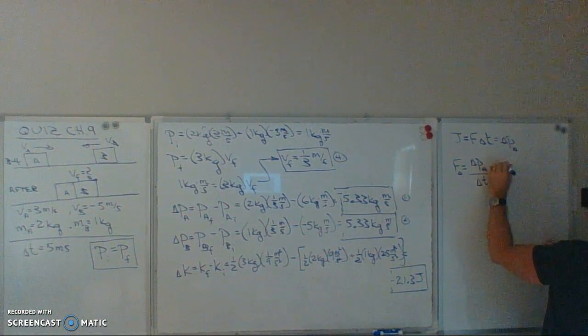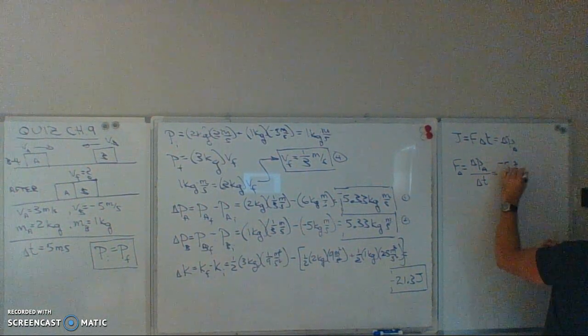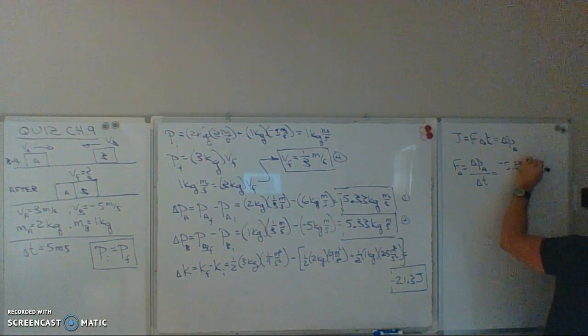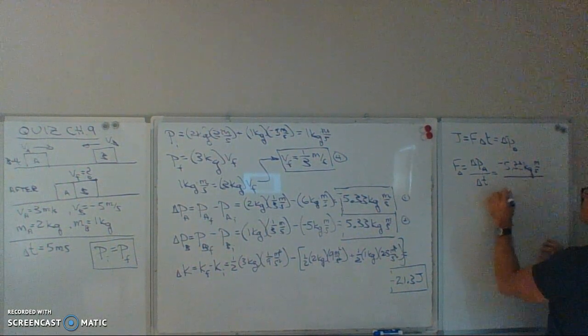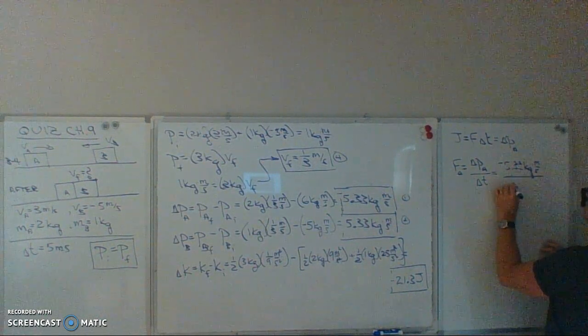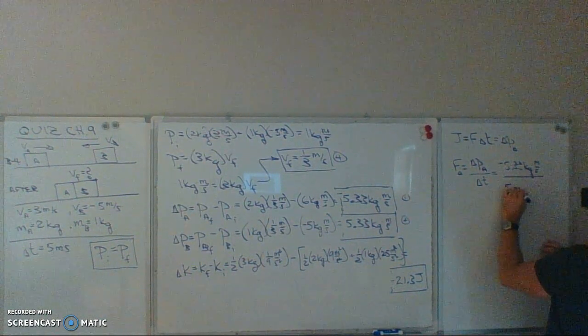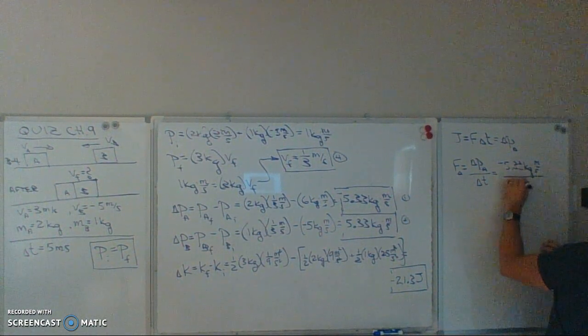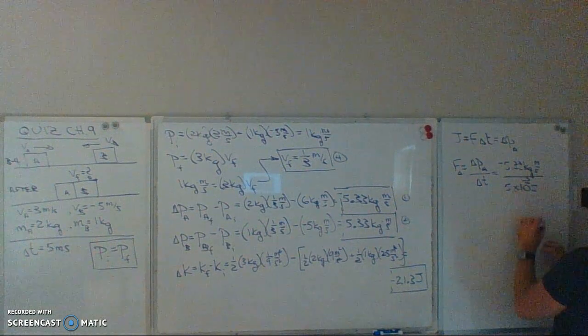So that's negative 5.33 kilograms meters per second. Then divide that by the time of 5 milliseconds, or 5 times 10 to the negative 3 seconds.